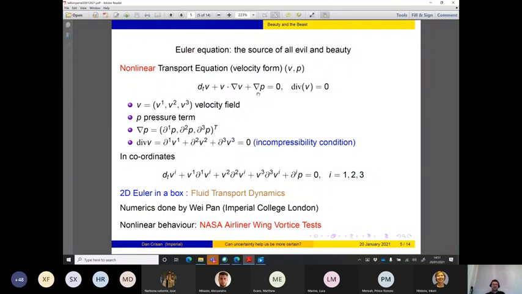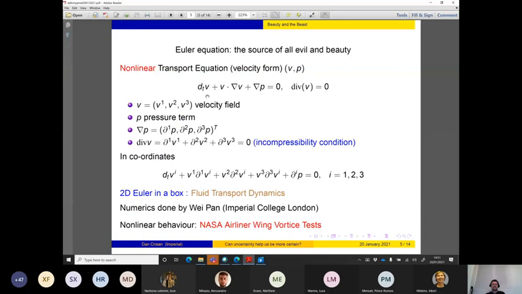So the equation looks like this. What you have in there is the derivative, the rate of change for the velocity, plus an inner product between these 2 vectors. So this is the velocity field, and here, this is the gradient of V, plus the gradient of P. This is equal to 0.